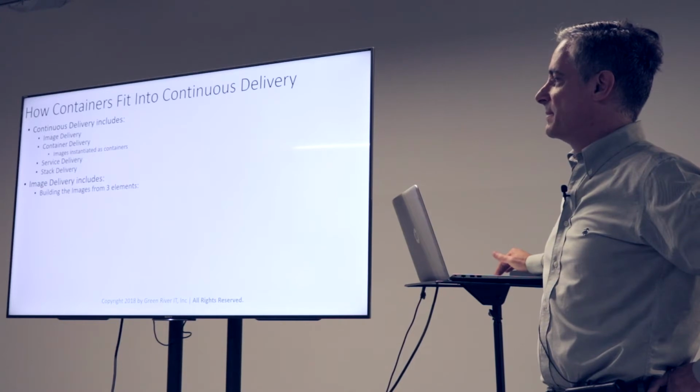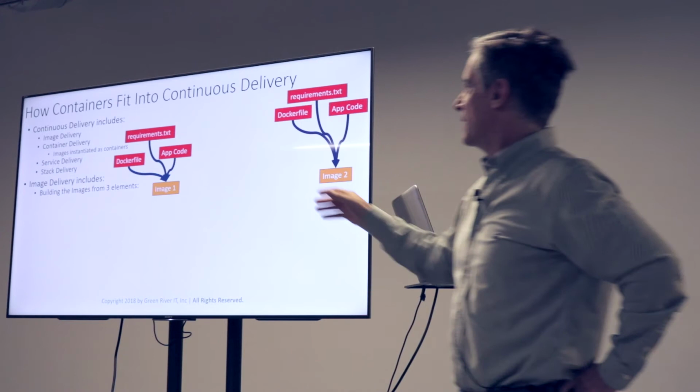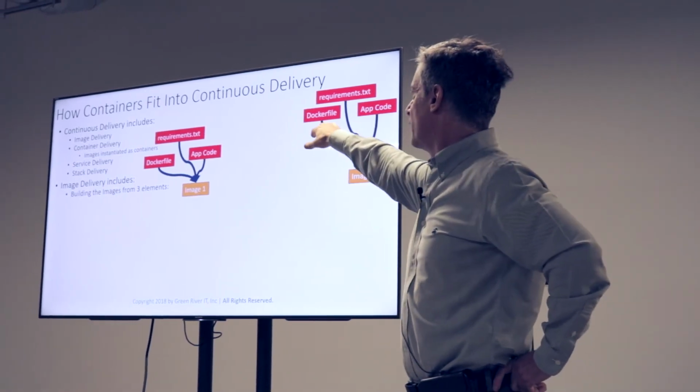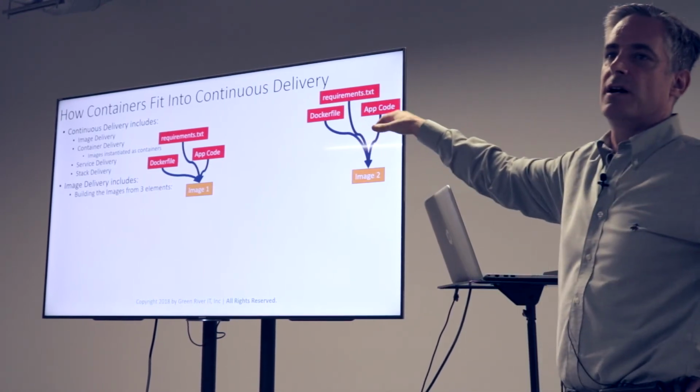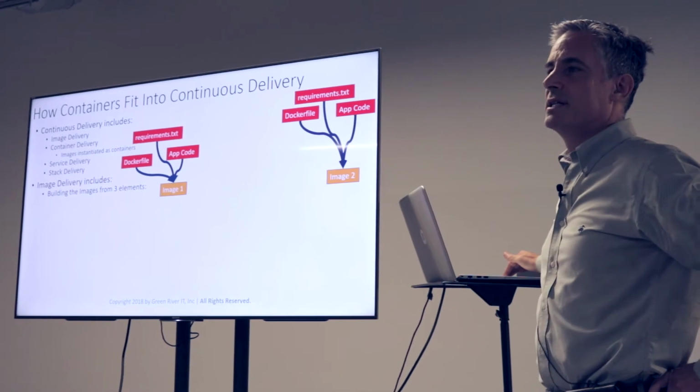We need to build up the images from 3 different elements. And in Docker, it's very simple. We've got the code from our app, we've got a Docker file, and we've got a requirements file which lists all the things that need to be downloaded and installed in order to create this portable environment.